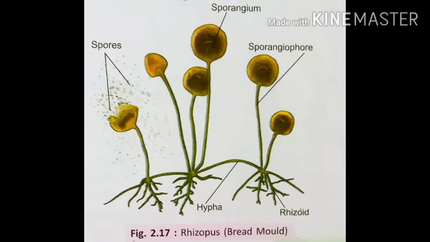Some hyphae grow upwards. These erect hyphae are called sporangiophores, which bear rounded bodies at their tips. These rounded bodies are called sporangia, which contain spores.